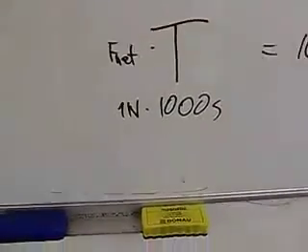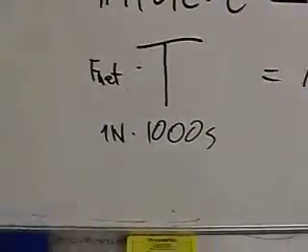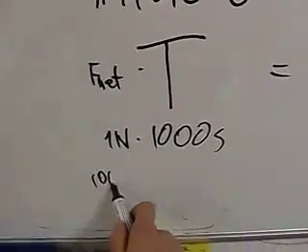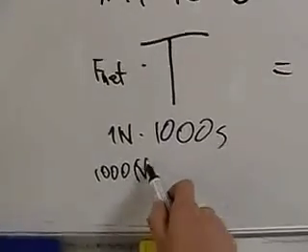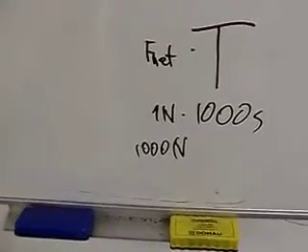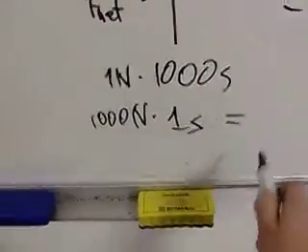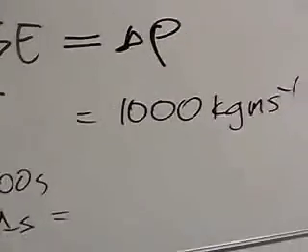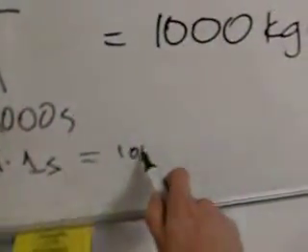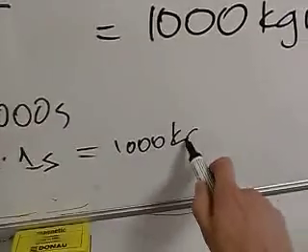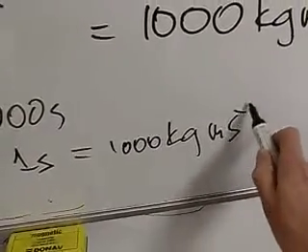Now the other way to change the momentum by that much is to act with a huge force, maybe 1,000 newtons. And that force could change the momentum this much in just 1 second. So 1,000 newtons times 1 second is going to be equal to 1,000 kilograms meters per second.